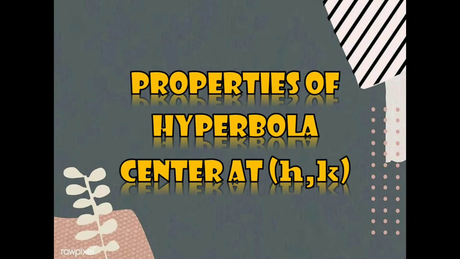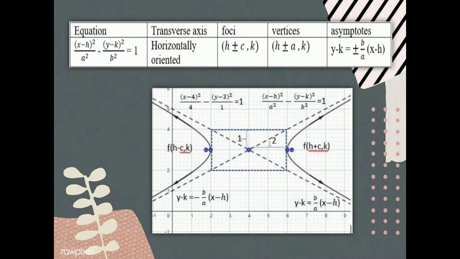Properties of hyperbola whose center is at (h, k). The first equation is the quantity x minus h raised to the power of 2 over a squared minus the quantity y minus k raised to the power of 2 over b squared equals 1. The transverse axis is horizontally oriented. The coordinates of the foci are (h plus or minus c, k).